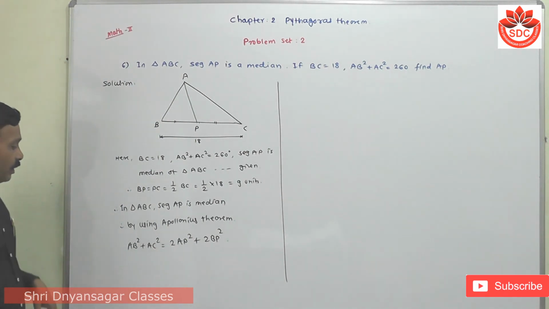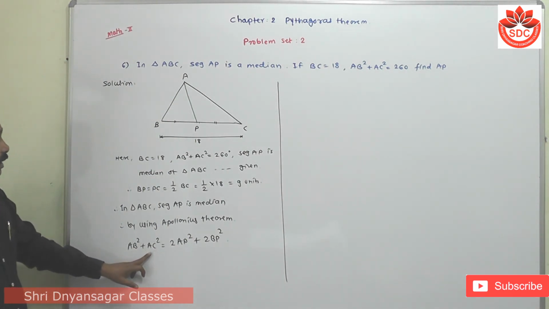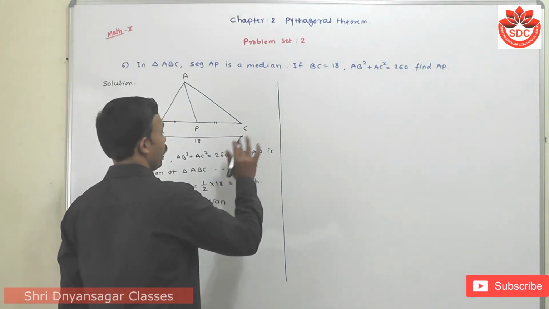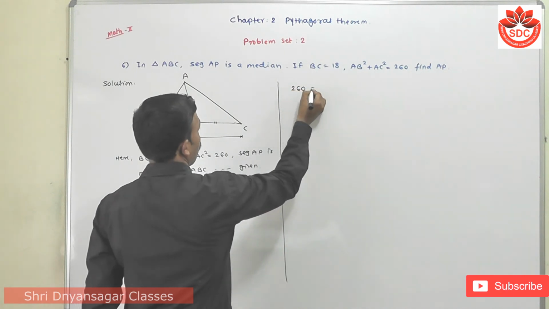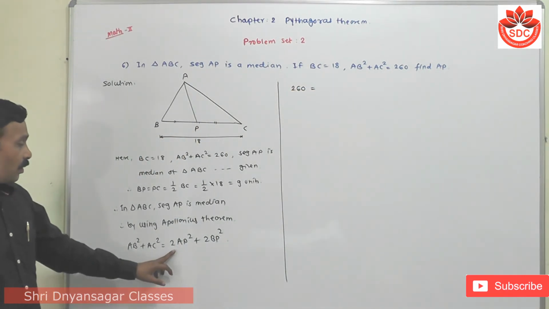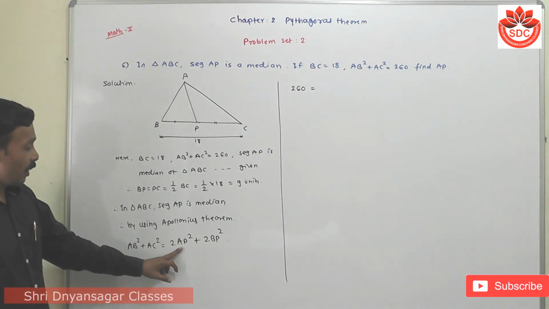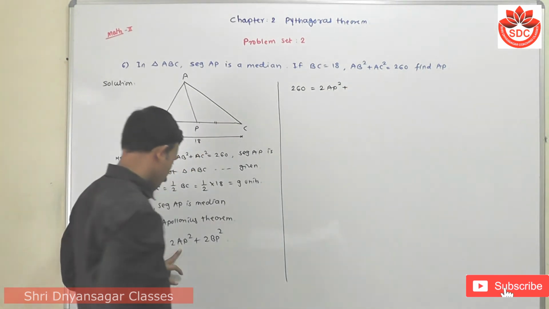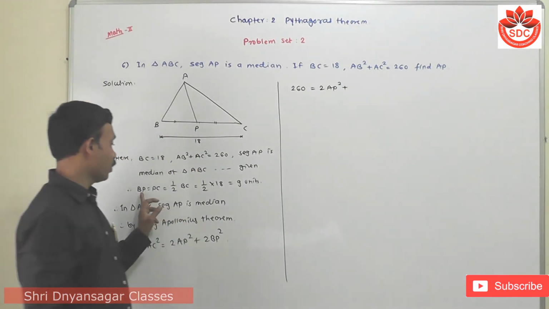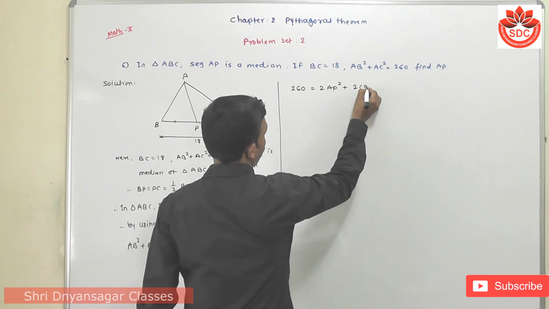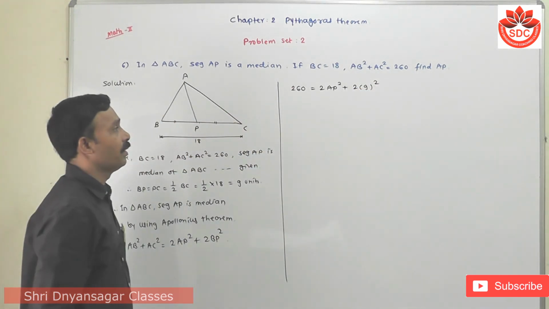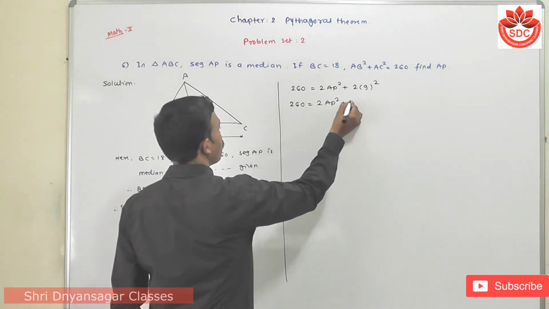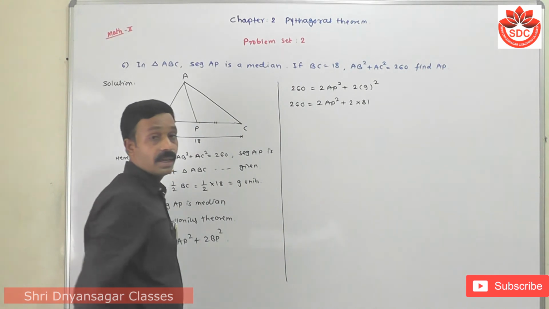Then we substitute the values. AB square plus AC square is directly given here as 260. So 260 is equal to twice AP square, since AP we have to find, plus twice into BP square. BP is 9. Then 260 is equal to twice into AP square plus 2 into 9 square, which is 81.